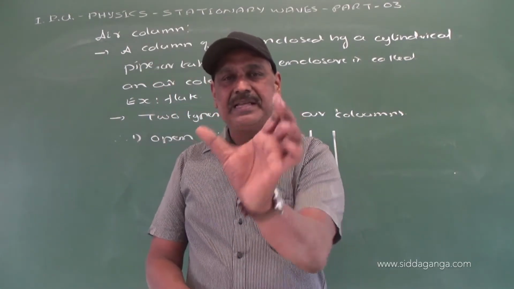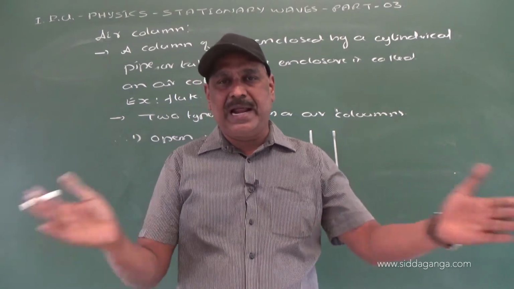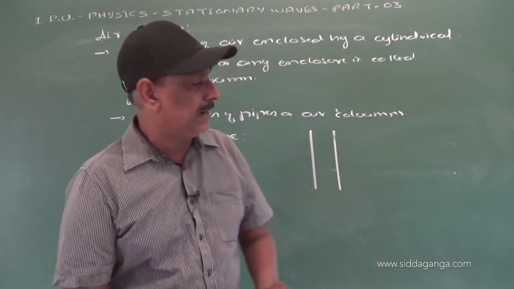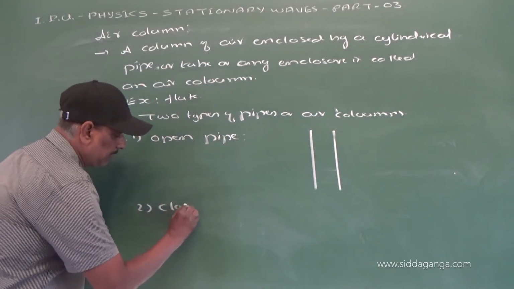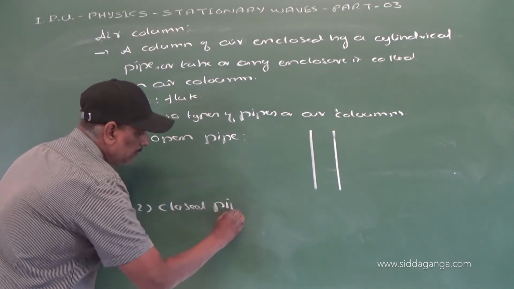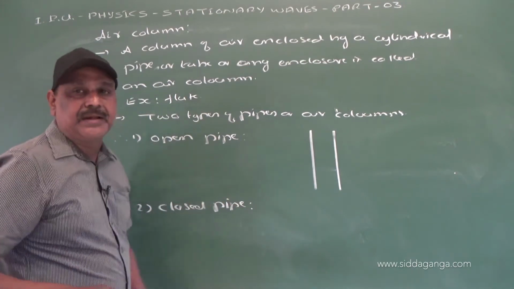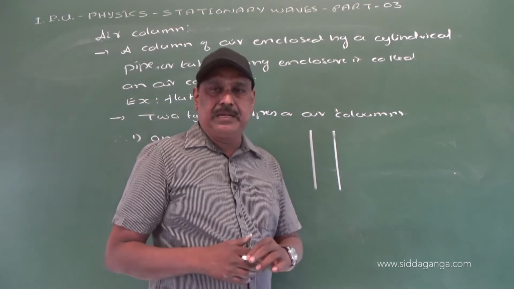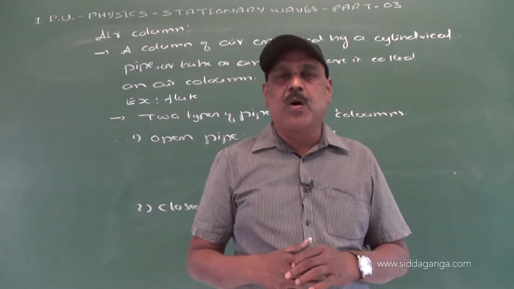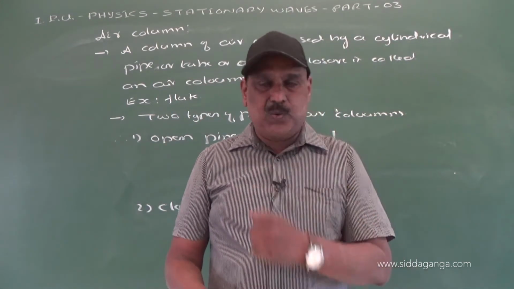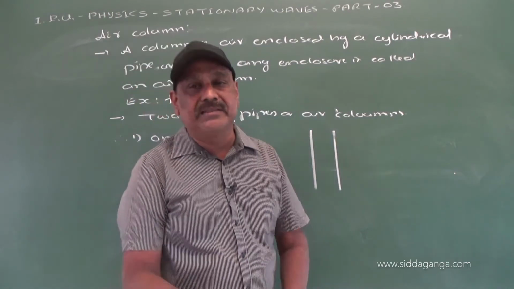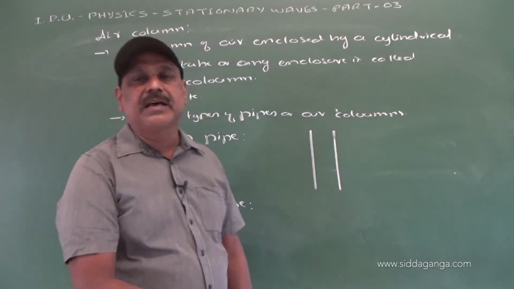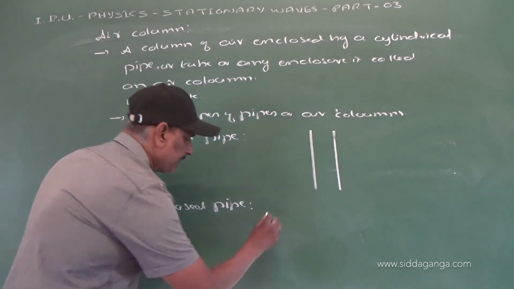It is an open pipe because it is open at both ends. And number two, the closed pipe. A cylindrical tube or pipe which is open at one end and closed at the other end is called a closed pipe.